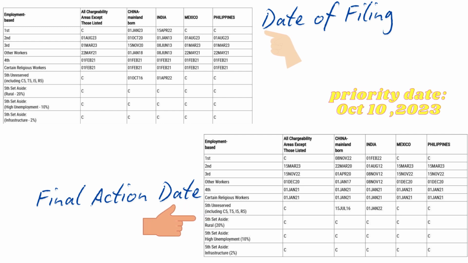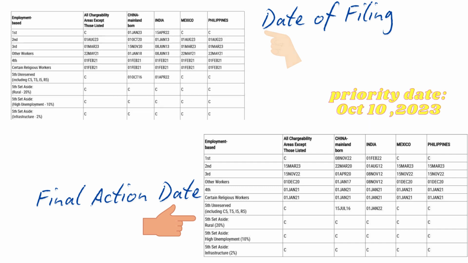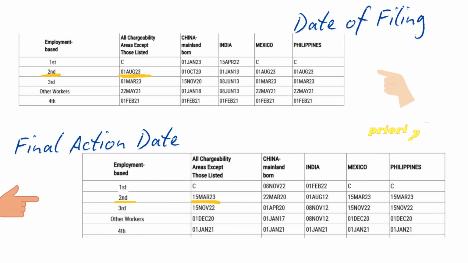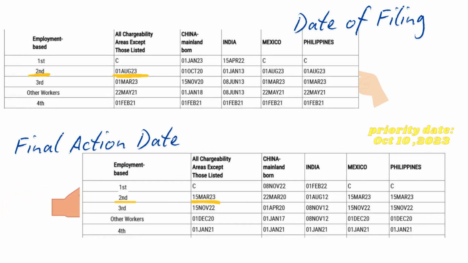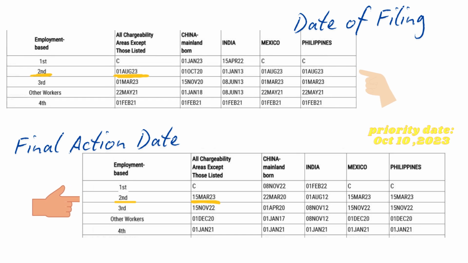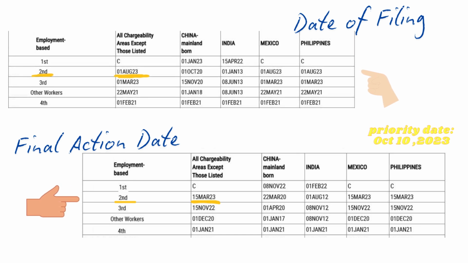Now here we can see in detail those two charts. Okay, so the first chart is date of filing, and I have underlined the second category because I applied for EB2. Now the date of filing chart has all chargeability areas except those listed, meaning besides those four countries, India, Mexico, Philippines, and China. So the rest of the countries have their dates till August 1st, 2023.